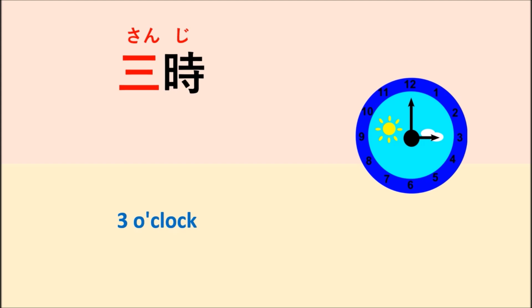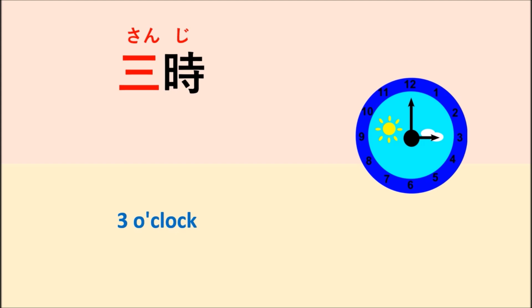So when you put the kanji of 3, sang, and the kanji of time, ji, it means 3 o'clock. If you want to remember this word, you can say sanji means 3 o'clock.